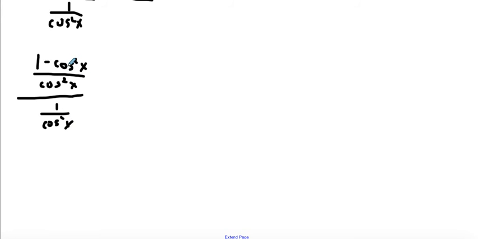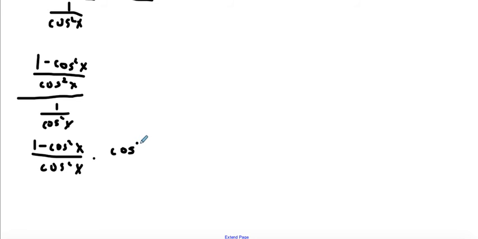So now that I've got a fraction divided by a fraction here, I can write this down as a multiplication problem. So 1 minus cosine squared x over cosine squared x times the reciprocal of what's down in the denominator.